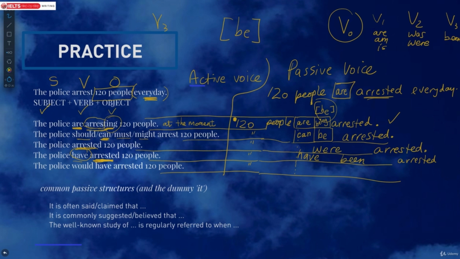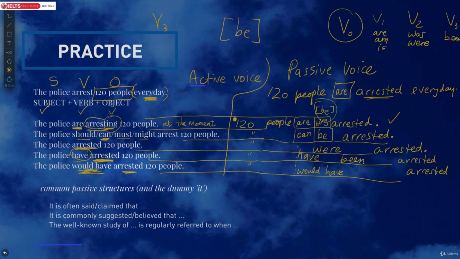And this one here, would have arrested. You should know the rule by now. Arrested stays the same. And would have, there's 2 auxiliary verbs, but they don't change anything. And then I just change this one here. Would have, also past perfect conditional. Sorry, it's not past. It's third conditional.